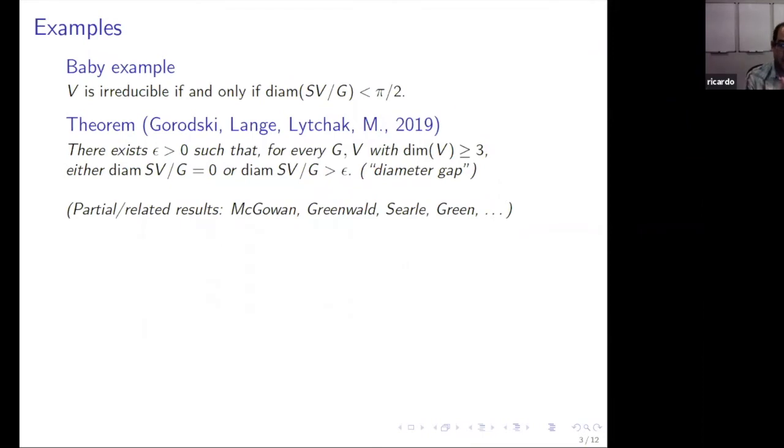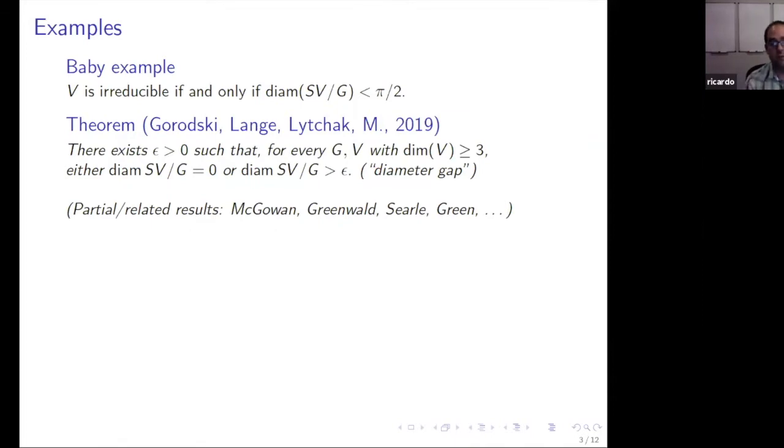There are some values of diameter that are too small that never happen. And of course, you need to ask that the sphere has dimension at least 2. This is not true for the circle, as you can see easily. And so this is another example of how we can say something about the geometry of the quotient. And the algebra comes into the proof of this, okay? So we use lots of stuff from representation theory, both of Lie groups, but also of finite groups.